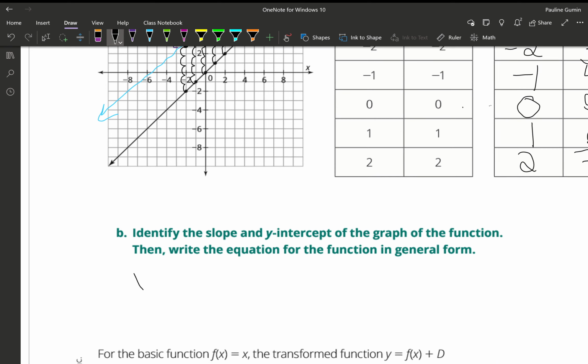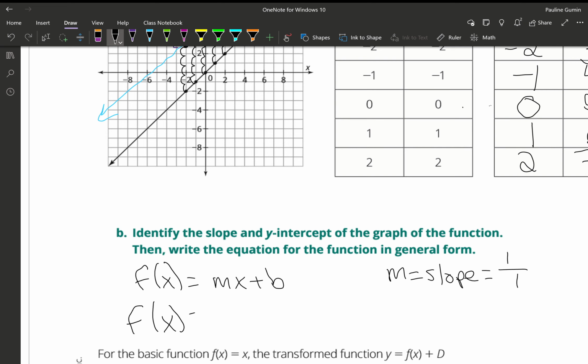First of all, f of x equals mx plus b. M is our slope, and it's rise over run, up 1 over 1. Oh yeah, let's color code. M, 1, 1. So 1 over 1 is 1, so I'm just going to go ahead and write 1x. Our y-intercept, that's b.